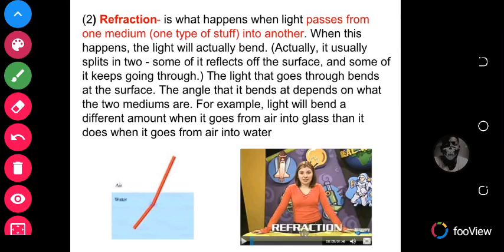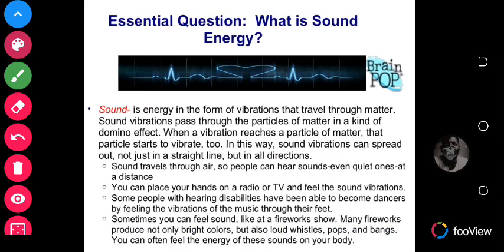Example, when light passes from the air into water, it bends. It no longer moves in a straight line, but bends as if it's broken. So you can realize that when light comes, it bends a little. That is what we call refraction.